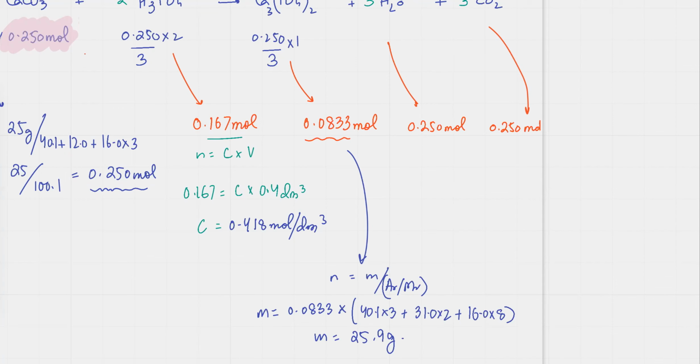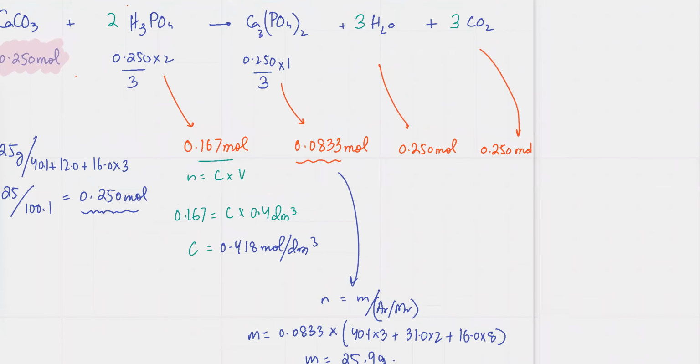And the last one was he was looking for the volume of carbon dioxide. So moles is volume of gas divided by 24 dm cube. That means the volume would be the moles multiplied by 24. So it's going to be 0.250 moles multiplied by 24.